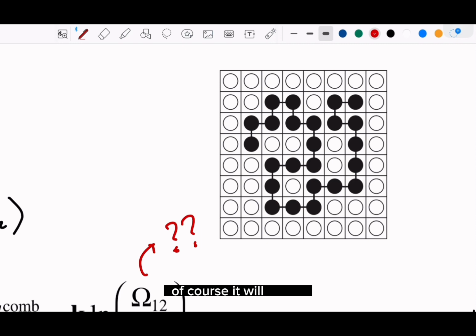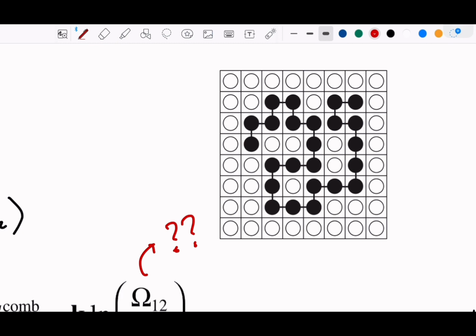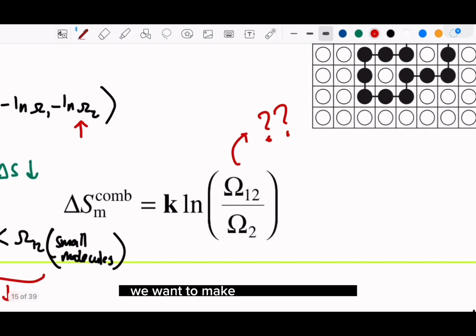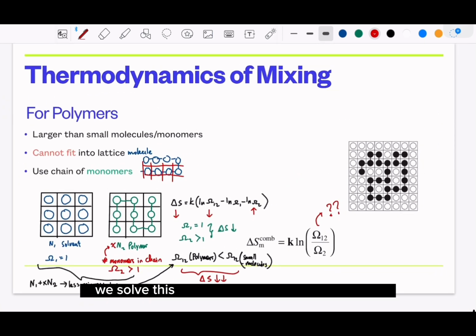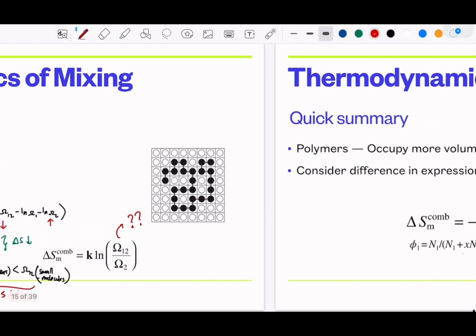Of course, it will also be limited, right? The polymer itself has limitations for the states at microscale. But still, we want to make it into the models. We have a problem here, but the way we solve this is by taking the x. By taking the x, let me write in here.